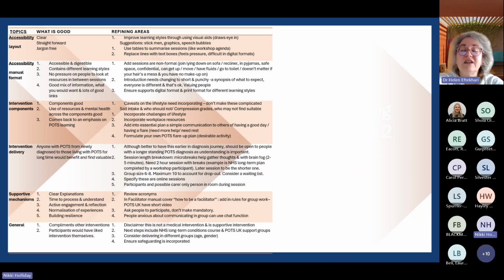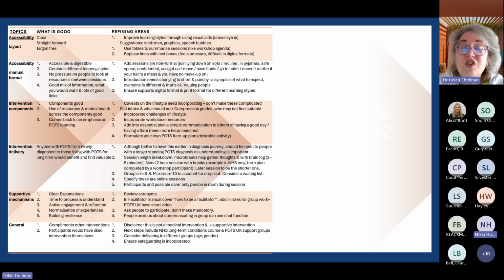From there, we co-refined the prototype intervention. It was really important because people were very aware that I'd developed the intervention, so I wanted to give people permission that it was okay to tear it apart if they wanted to. Generally they didn't, which was good for me because it meant less work.